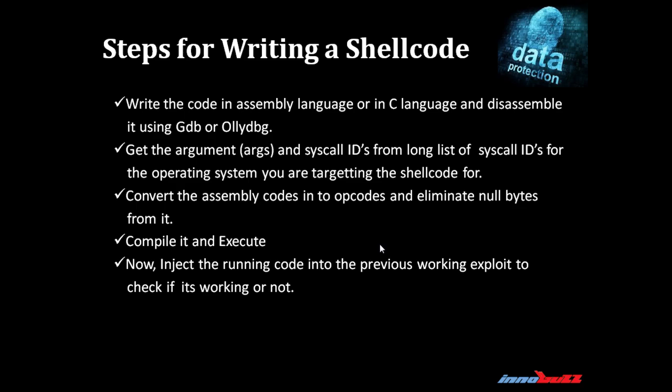Get the argument and system call IDs for the operating system you are targeting the shellcode for. Convert the assembly code into opcodes and eliminate null bytes from it. Next would be to compile it and execute. Finally, inject the running code into the previously working exploit to check whether it is working or not.